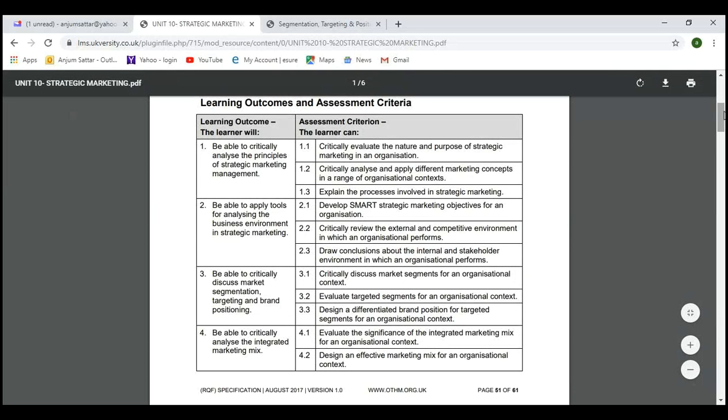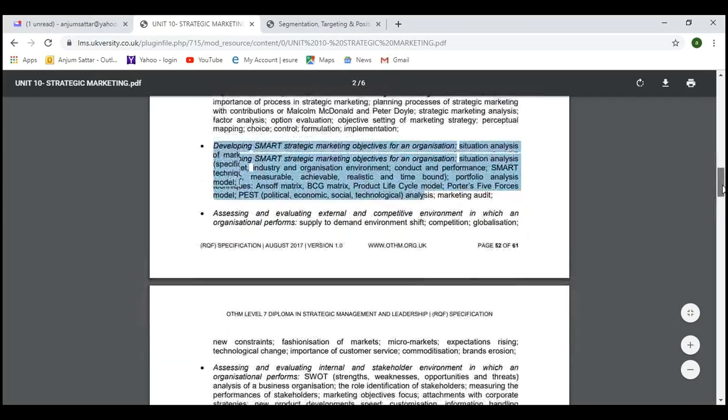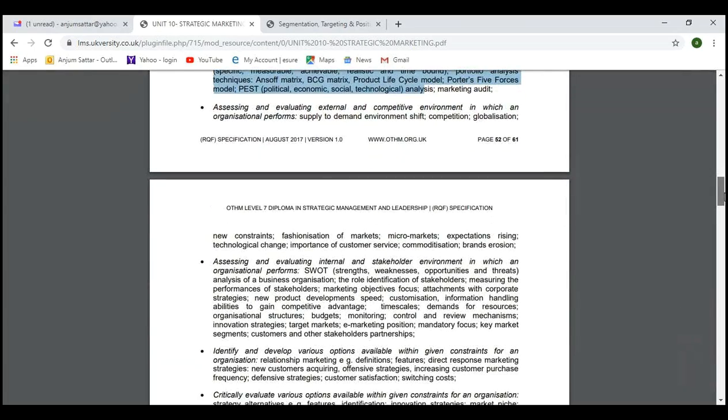So LO2, be able to apply the tools for analyzing the business environment in strategic marketing. We face two types of environment, micro and macro. We discussed SMART objectives and how to set them, the BCG matrix, Porter's Five Forces, and PEST.